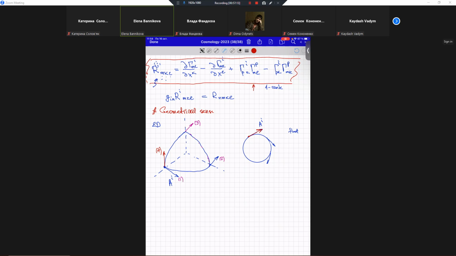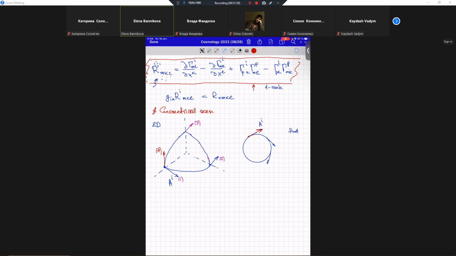It looks similar to what we discovered for the covariant derivative, because as you remember, when we consider a derivative, we also need to move the vector in the vicinity of the point.